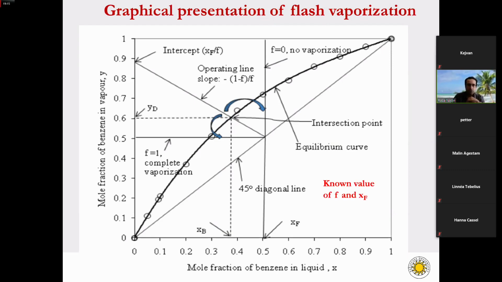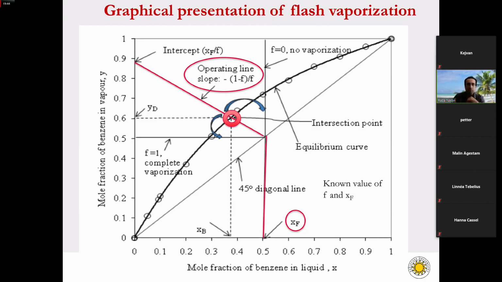So if we know the value of F, and we know the xF, which is the mole fraction of that component in the liquid phase, we start from xF, we go to the diagonal line, and then we have to consider the slope of the line. The slope of the line will be minus 1 minus F over F, so it means it's on the other side of the 90-degree diagram, right?